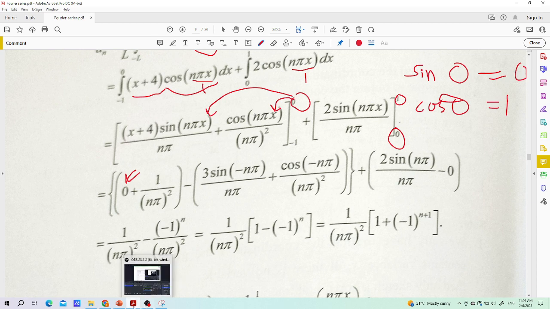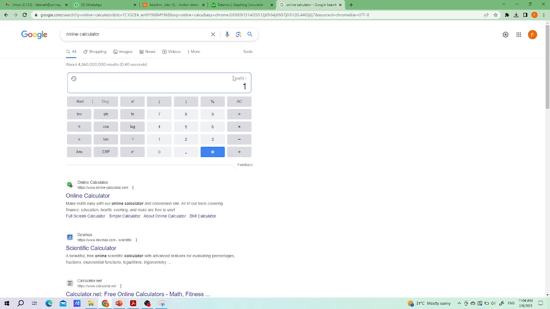If we put n pi here, so cos of pi times n, as long as n is an integer, maybe we can put 6, they also will give 1 because the maximum value for cos is 1.